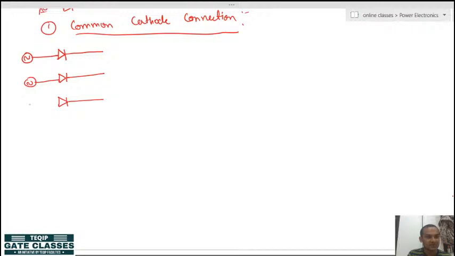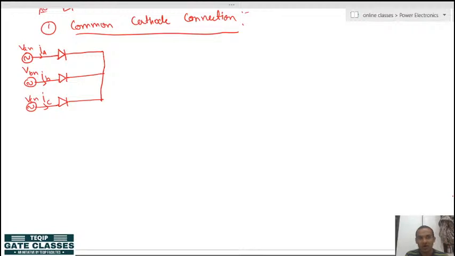So this is the three-phase supply, this is VAN, this is VBN, this is VCN, and here it is IA, IB and IC. These are the 3 source currents of the 3 different phases. All the 3 source currents will be the same, the only difference is their phase. So this is common cathode connection.